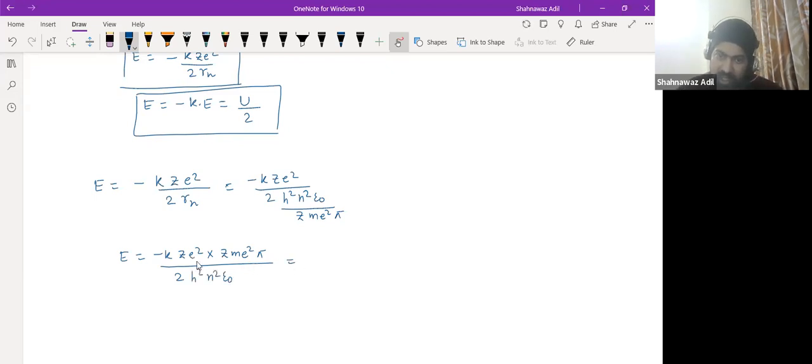So let us write the value of k as well. So this would be how much? Minus z square, right? And this is e square and m e square pi divided by 2 h square n square epsilon naught and then this 4 pi epsilon.